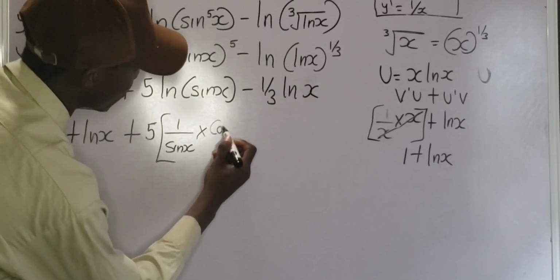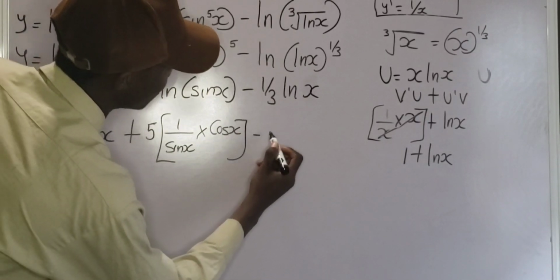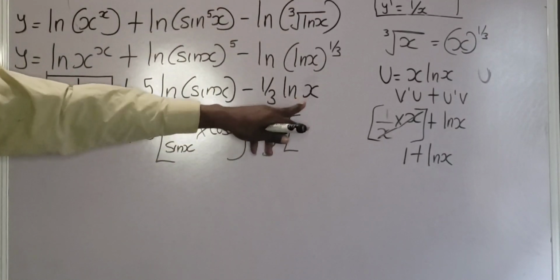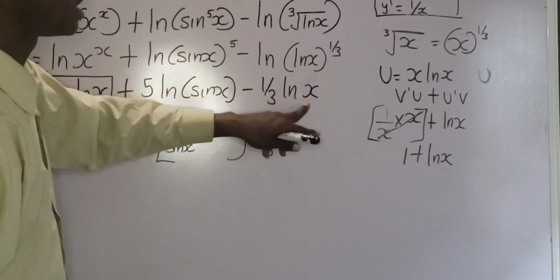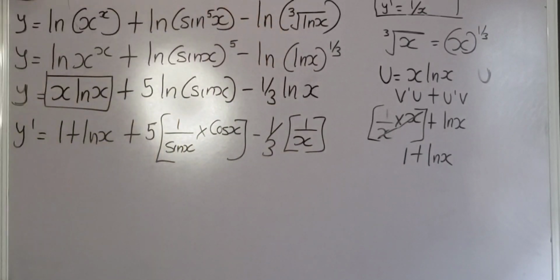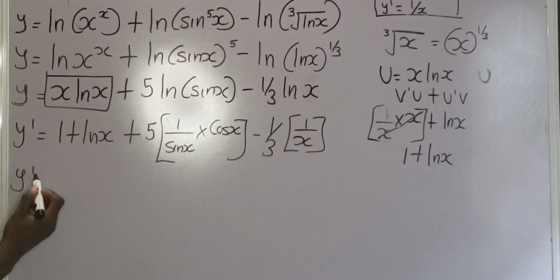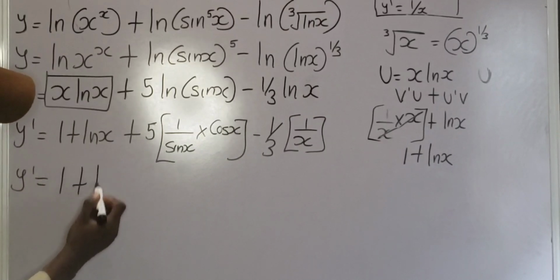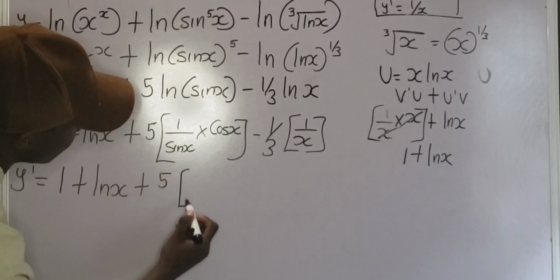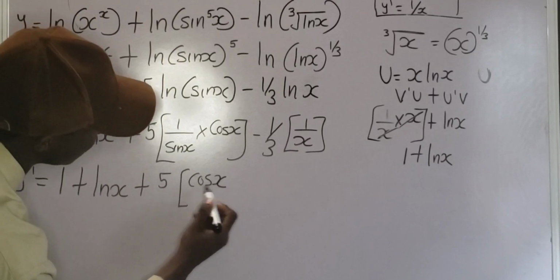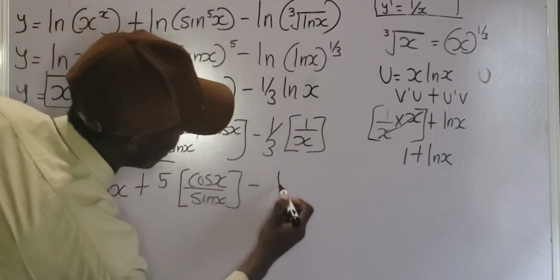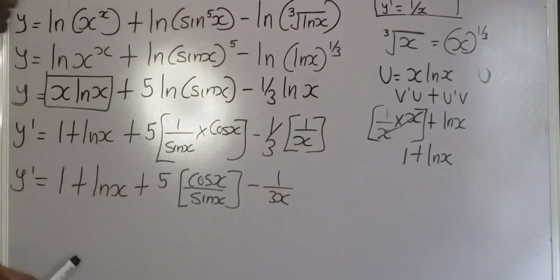So I'm going to have cos x here minus 1 over 3 multiplied by, now for ln x, if you differentiate ln x, you're going to get 1 over x. Okay, let's proceed. The derivative of y now is what? 1 plus ln x plus 5 multiplied by cos x over sine x, minus 1 over 3x. Do you understand?